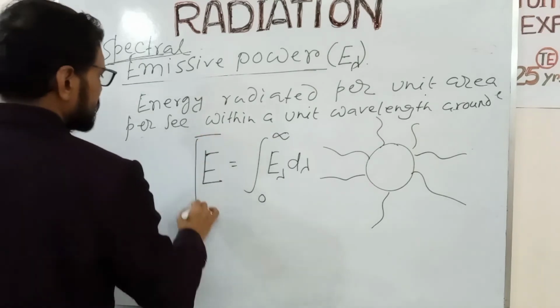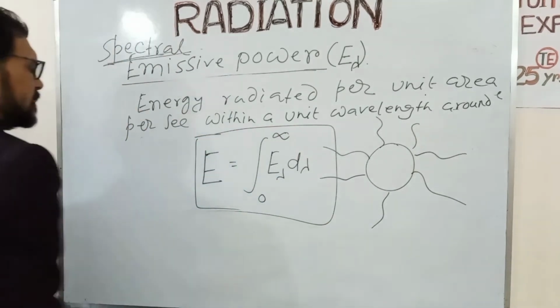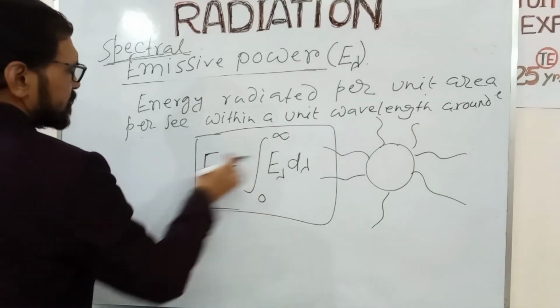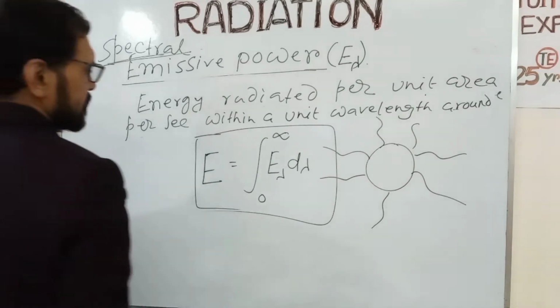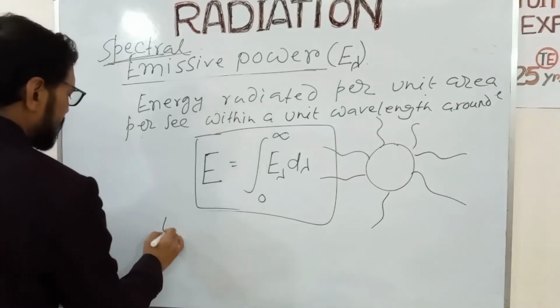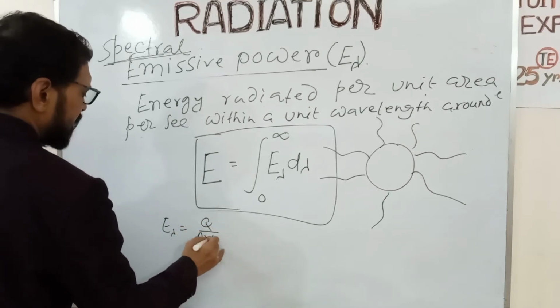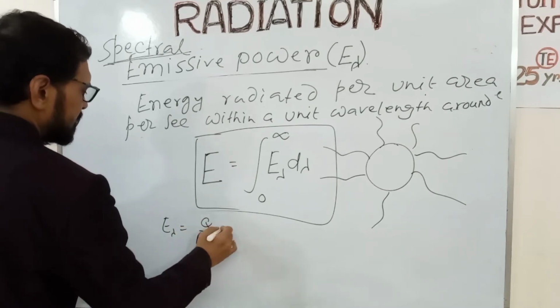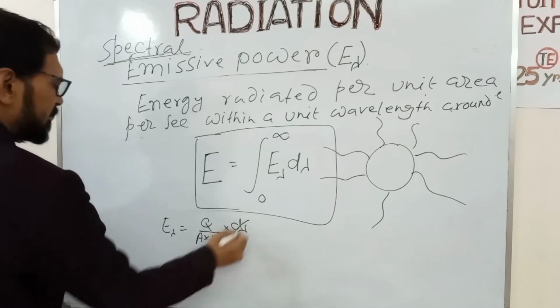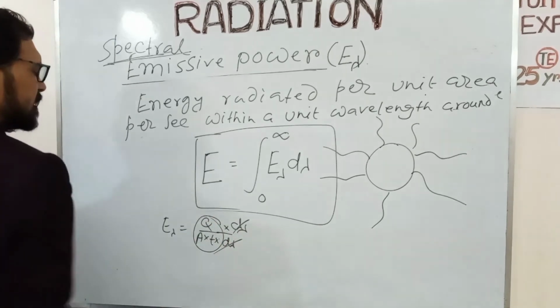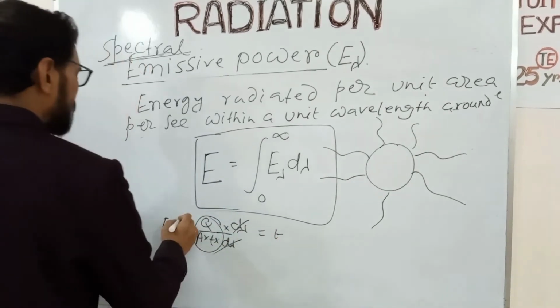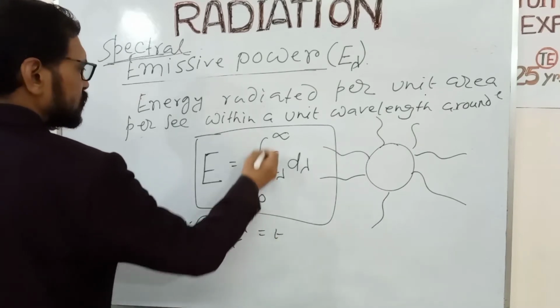So this is the relation between emissive power and spectral emissive power. E lambda equals Q by A by t by d lambda, so E lambda into d lambda, if we divide out d lambda, gives us E.